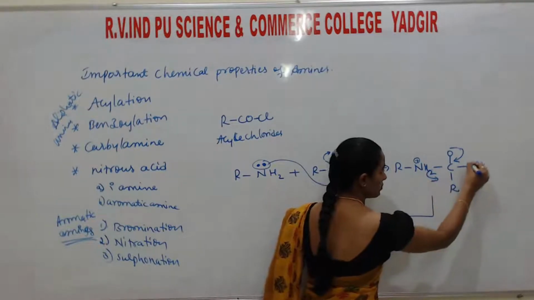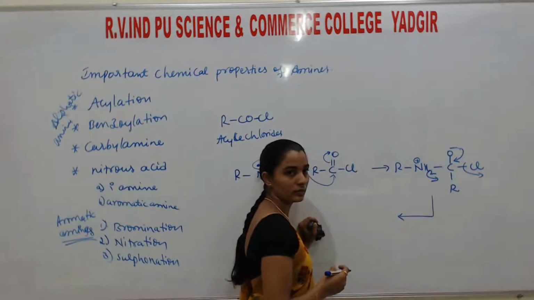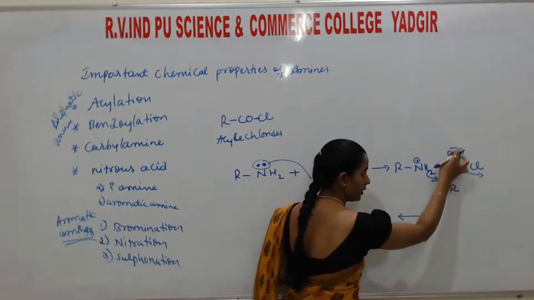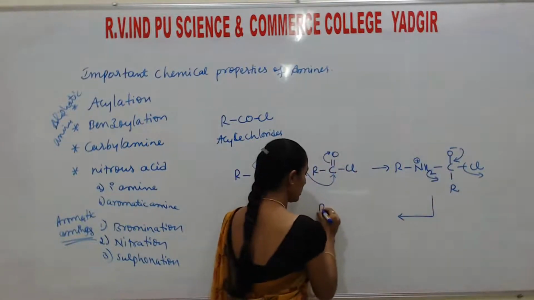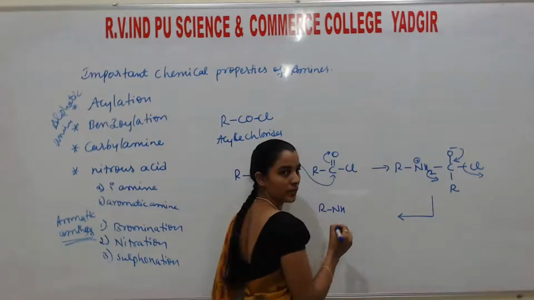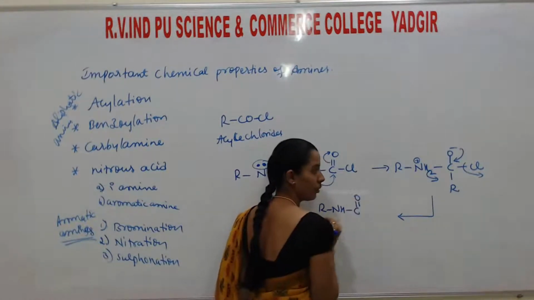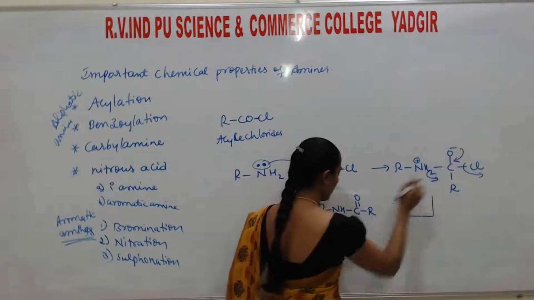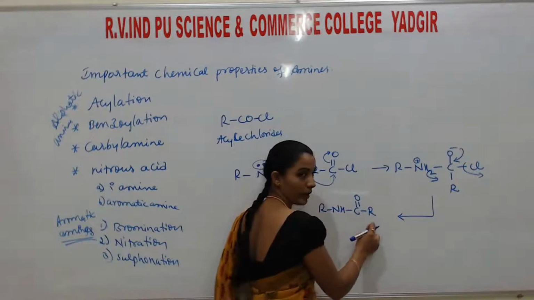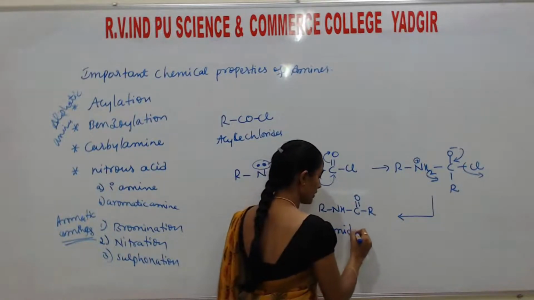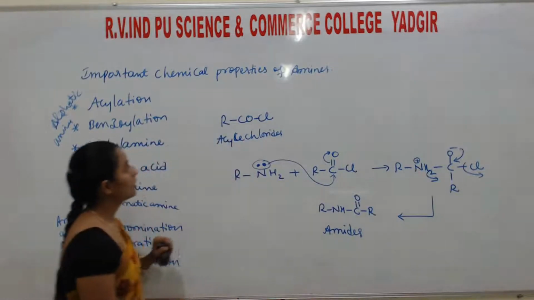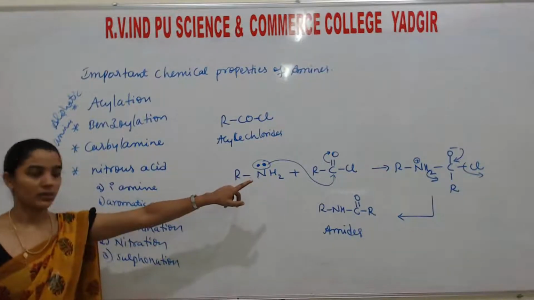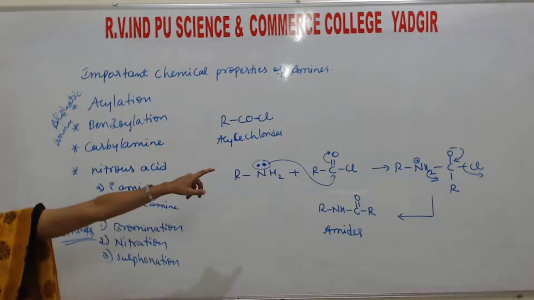From here one hydrogen is removed, from here Cl is removed, and here a double bond will form. So then it is RNH, then C double bond O, then R, because Cl is removed here, H removed here, and a double bond is formed. So here they form amides. This is called the acylation reaction. The compounds used here are amines as well as acyl chlorides.